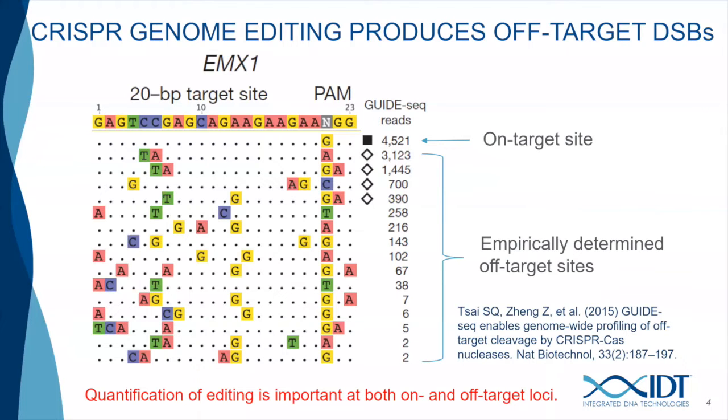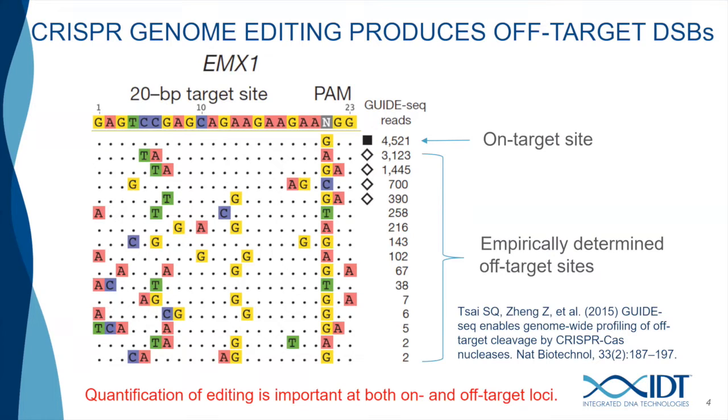And so CRISPR genome editing, like many other oligotherapeutics, is imperfect, and there can be off-target effects that occur. Here's a typical output that's been published pretty widely. The GUIDE-seq technology is one example of an empirical off-target nomination tool that, along with the CRISPR components, introduces a double-stranded tag that can be inserted at the site of the break, and that you can then, through adapter sequencing, go and detect where this is integrated.